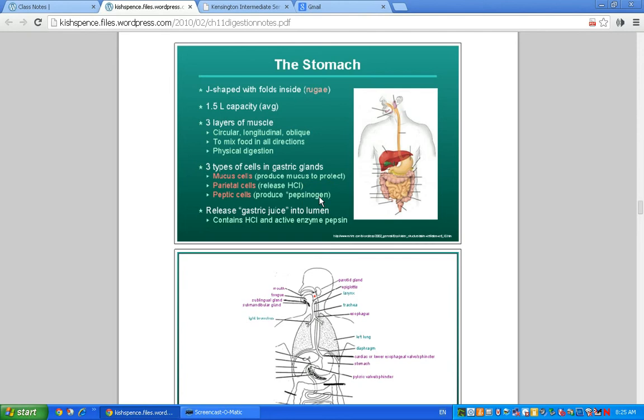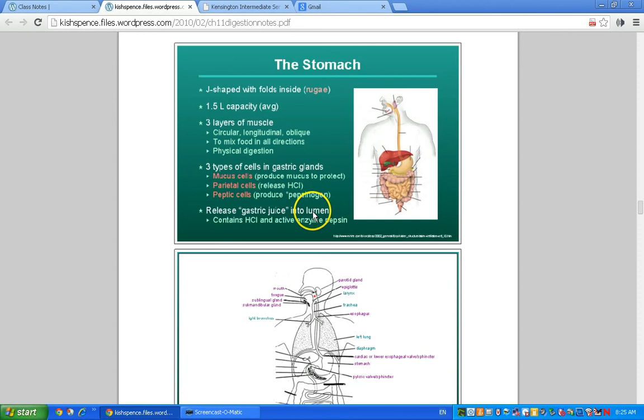As soon as it goes out into the space where it's really acidic, the acidity activates it, so then it becomes pepsin. The cells produce pepsinogen. That's what they actually make, so be careful on your assignment. The pepsinogen is inactive. Once it's out in the lumen in the acidic environment, it becomes pepsin, which is an enzyme. We're going to talk about what pepsin works on.